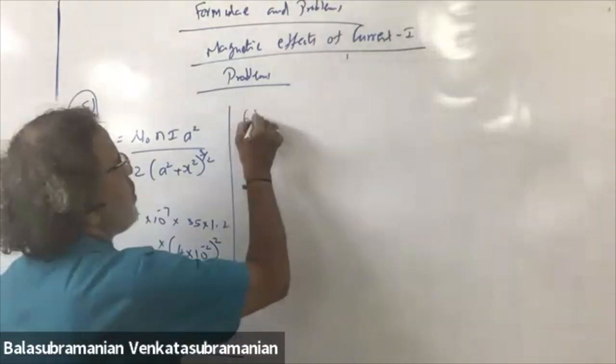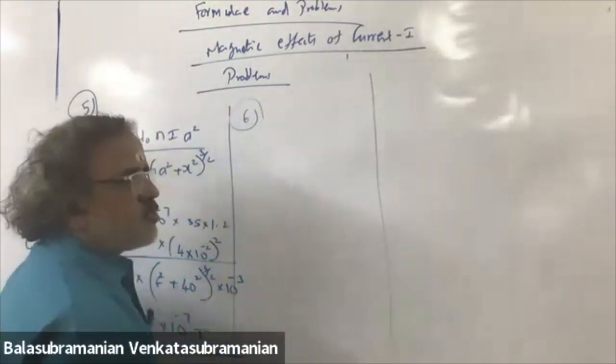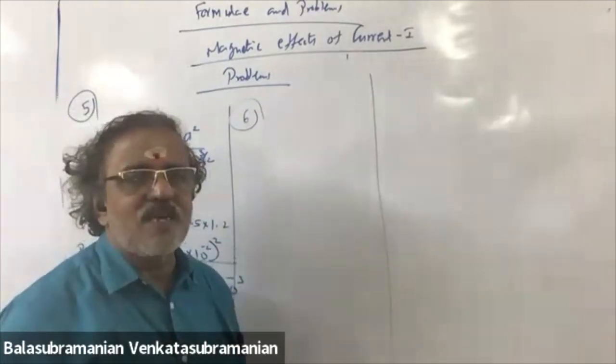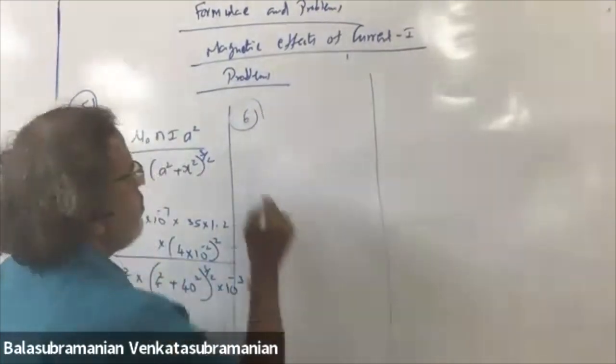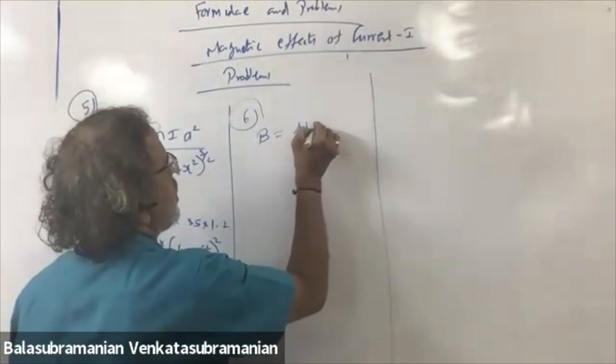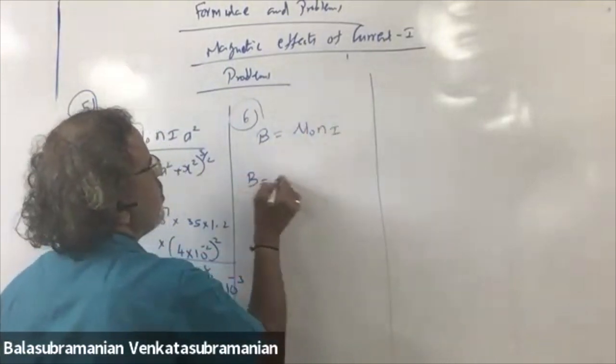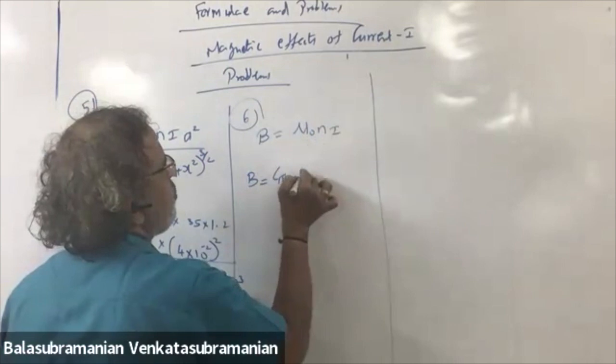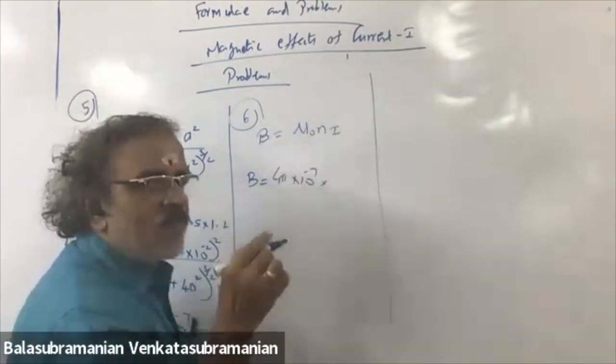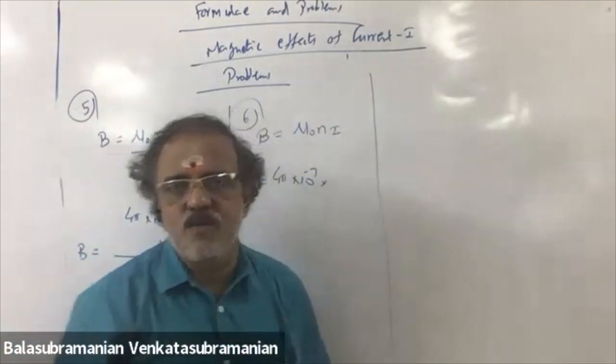We have seen the formula for a long solenoid carrying current. What is the magnetic field? B is equal to mu naught nI, where mu naught is 4 pi into 10 power minus 7 and n is the number of turns per unit length.